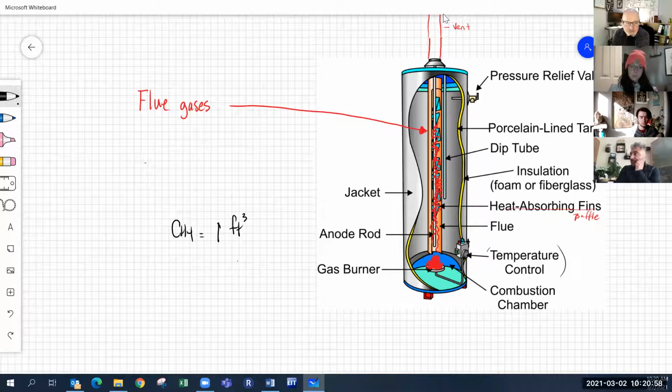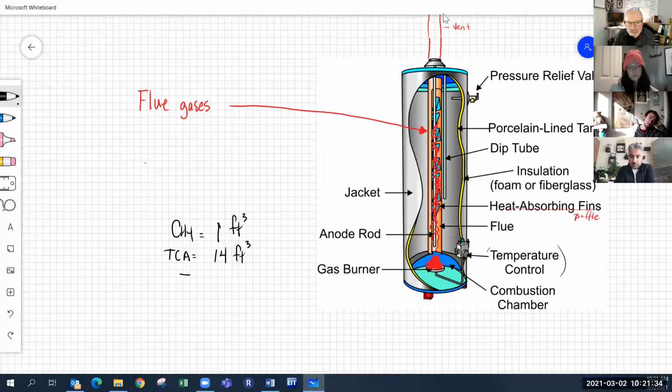we then have to add our total combustion air to that. We know through our math before our break that for every 1 cubic foot, I need 10 cubic feet of theoretical air and 4 cubic feet of excess air. So I need 14 cubic feet of total combustion air for 1 cubic foot of natural gas, correct?